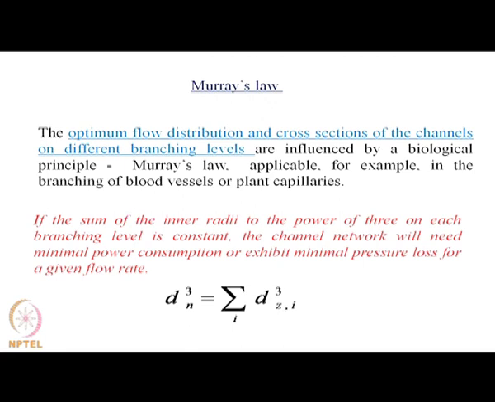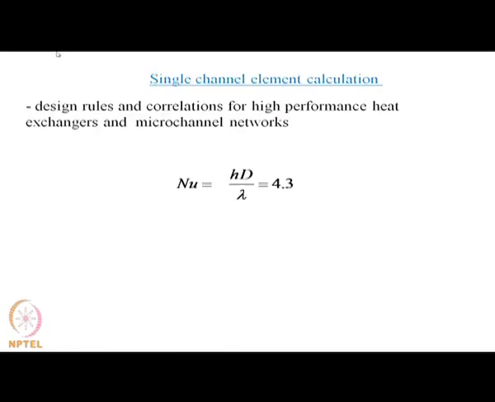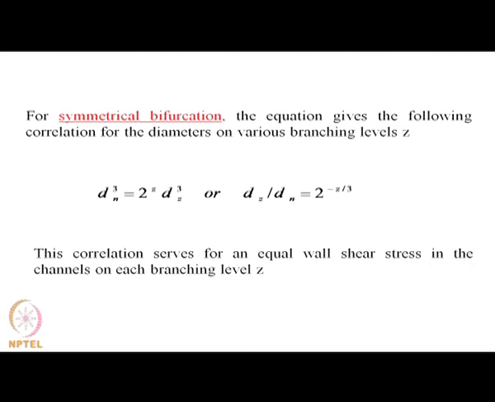And it's amazing to think that all branches in our body follow Murray's law. So, what has been proposed is that the same law can now be used for branching out of microfluidic channels as well. For symmetrical bifurcation, Murray's law gives the correlation for the diameters on various branching levels.